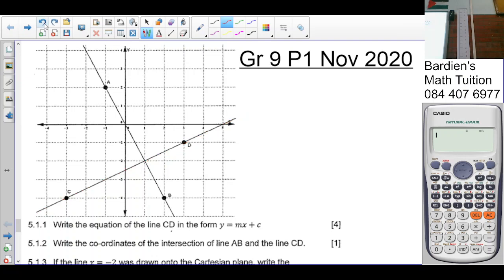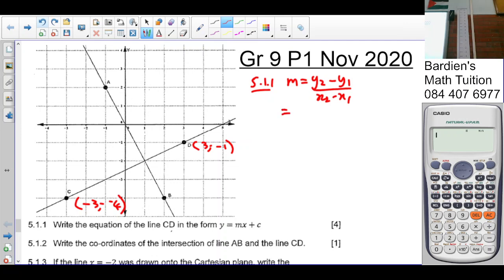Yes, I do. Which is the coordinate of D, which is 3 and minus 1, and C, which is minus 3 and minus 1. Okay, you all understand? So to work out my gradient, this 5.1.1 is going to be y2 minus y1 over x2 minus x1.